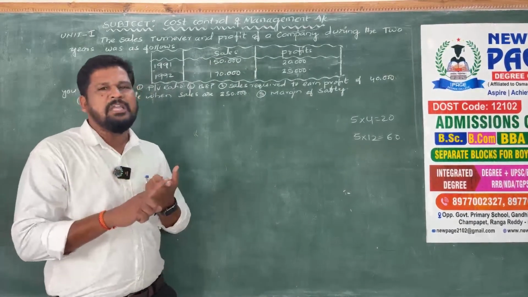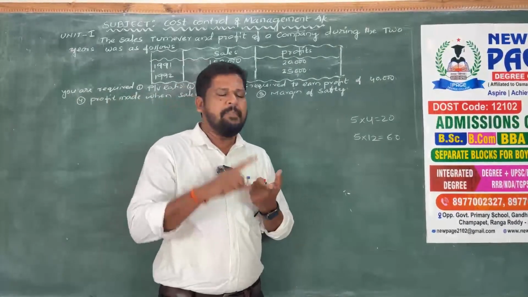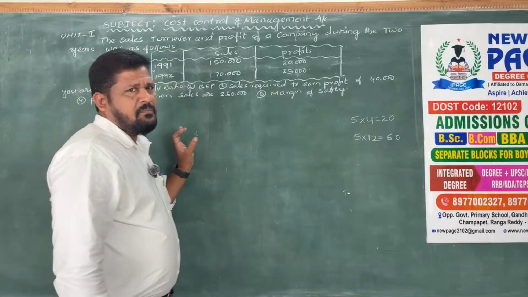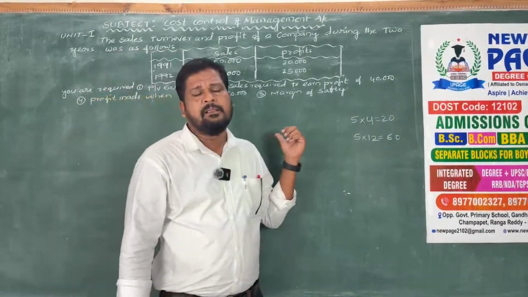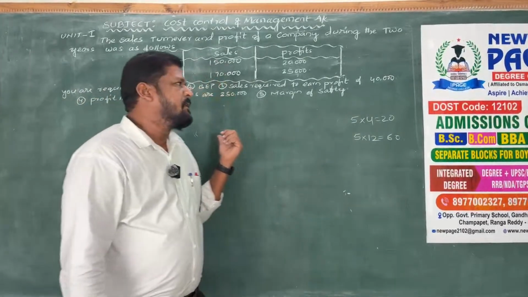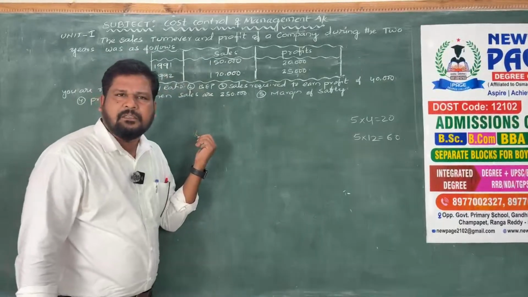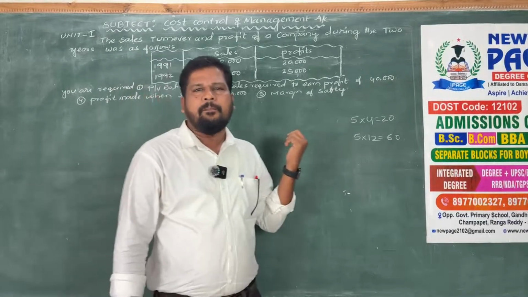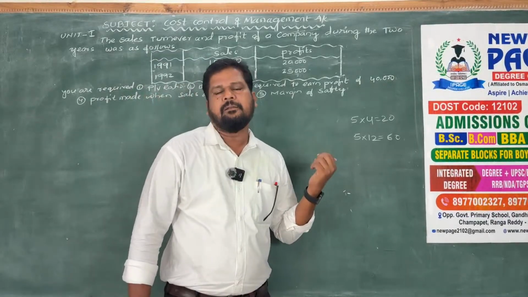Next one, objectives. Management accounting objectives: first one is assisting the planning. Second one is controlling the business operations. Third one is performing the evaluation.